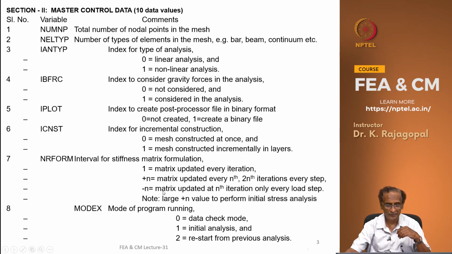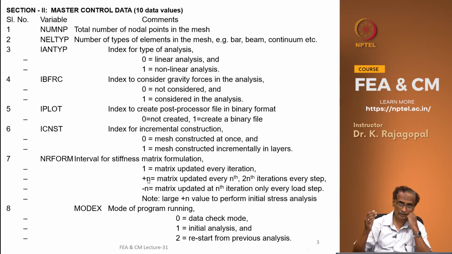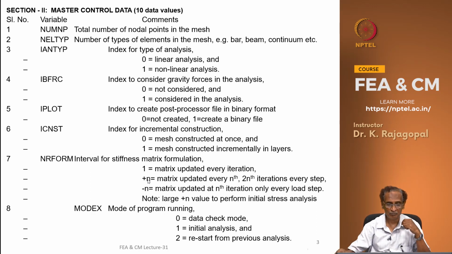Then plus n means the matrix is updated at every nth, 2nth iteration and so on. Like if you give it as 10, then the stiffness matrix is updated at the end of the 10th iteration, 20th iteration and so on. And then minus n means it gets updated only once within a load step.